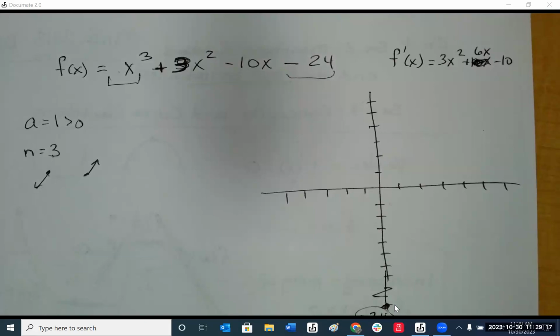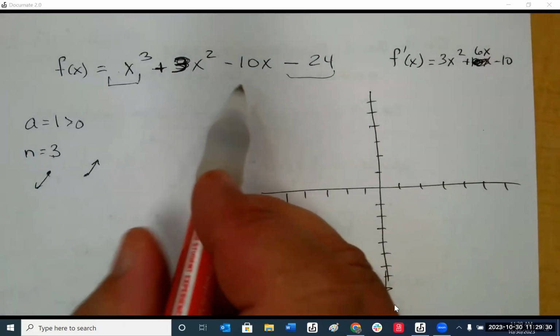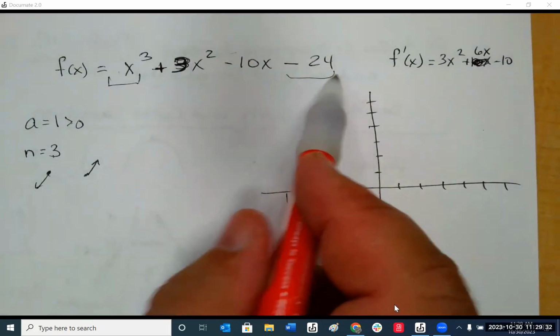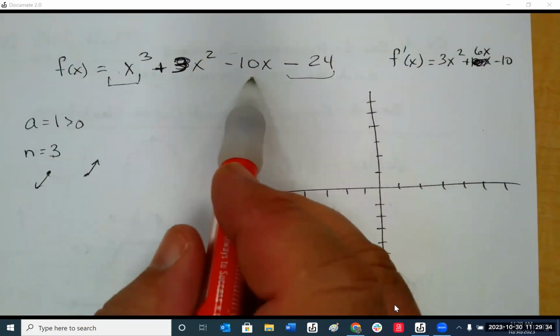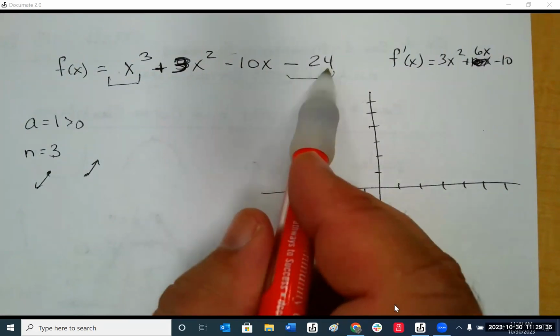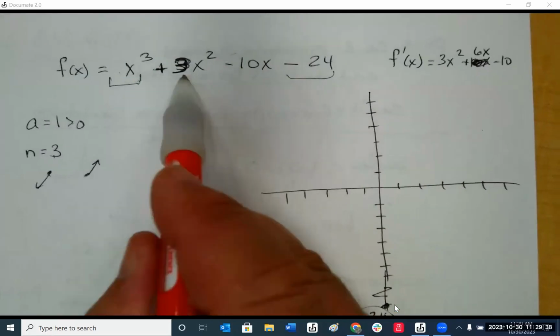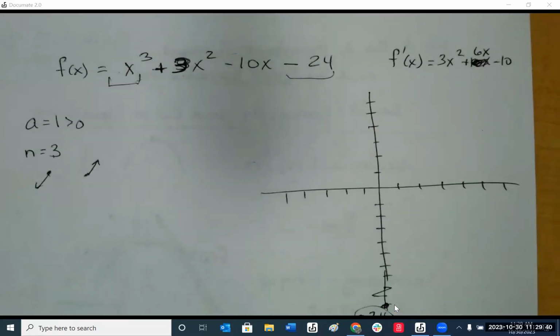You could factor out x, or maybe not. We can't use grouping because if we factor this out, all we can take out is 2, and we'll have 5x minus 12, and that's not going to give us an x plus 3. So we have to use Descartes' rule of signs as well as the rational zero theorem.